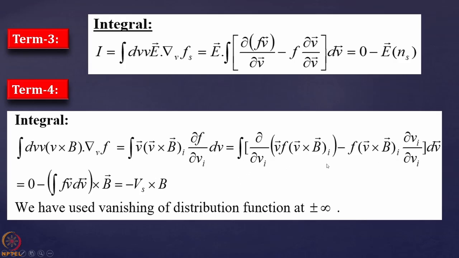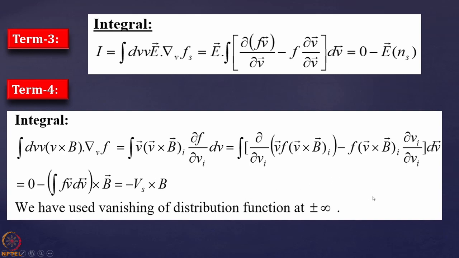We are getting Vf and V cross Bi coming out, and this is giving us 0, and this we are getting as Fv then dV cross B over here. So this is nothing but Vs as per our previous definition. So we are getting minus Vs cross B. So the term number 4, when integrated, gives us minus Vs cross B.